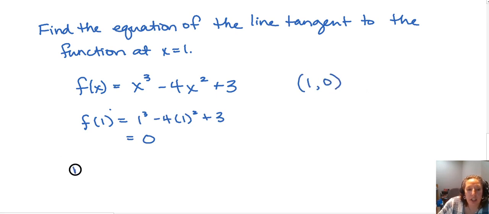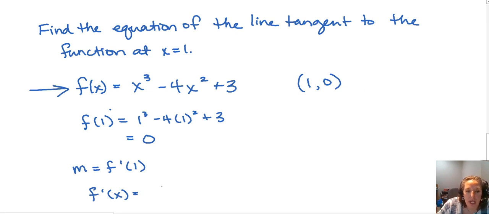Now in order to find the slope, our slope is going to be equal to our derivative evaluated at 1. So we need to find our derivative. The derivative of this function is going to be using the power rule. For x cubed, the derivative is 3x squared.